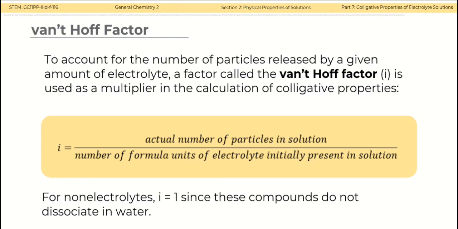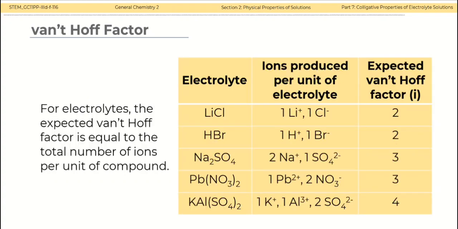For non-electrolytes, i equals 1 since these compounds do not dissociate in water. For electrolytes, the expected Van 't Hoff factor is equal to the total number of ions per unit of compound. Examples are shown on the table.